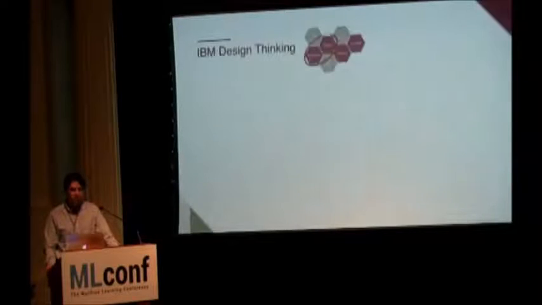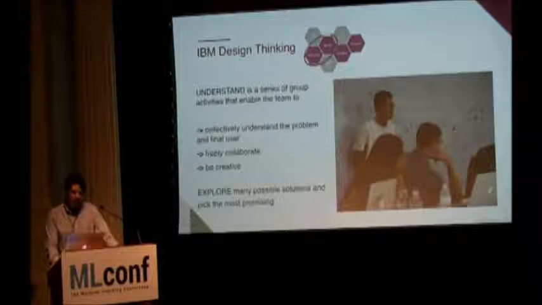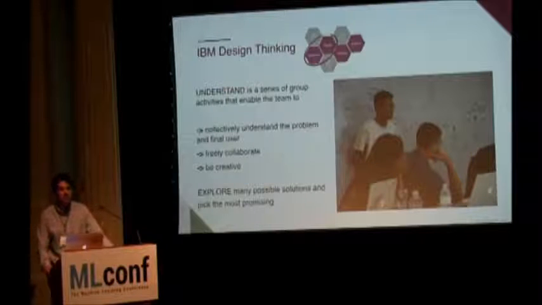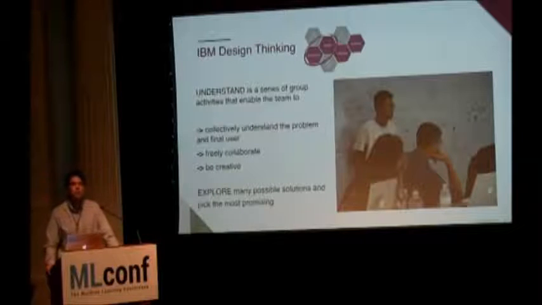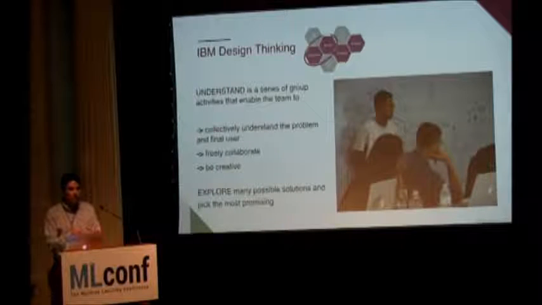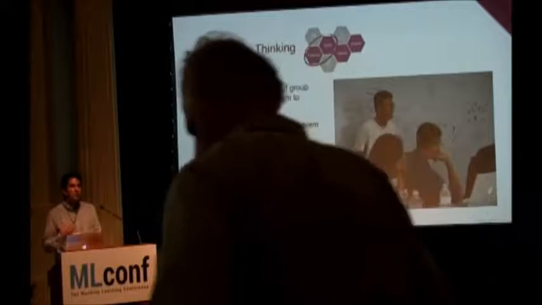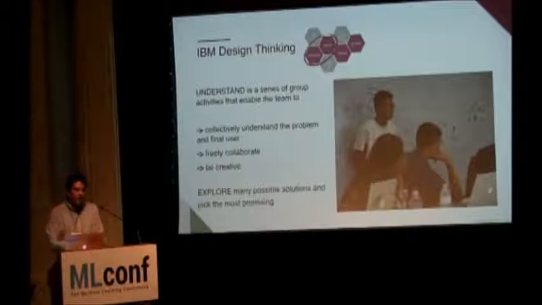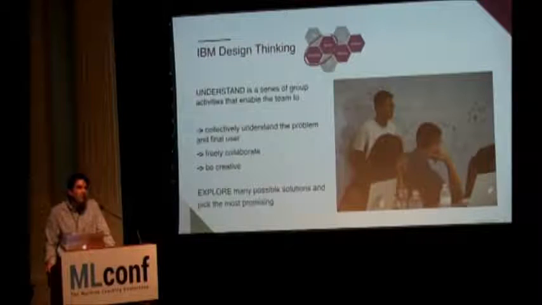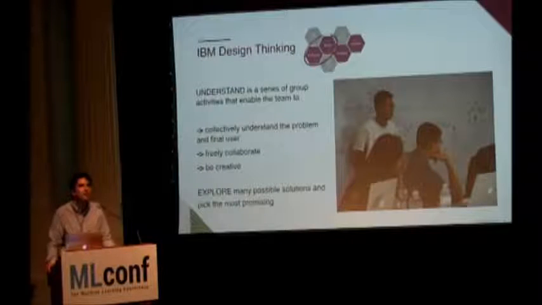In the first 2 steps, understanding and exploring, understanding is a series of group activities. We come up together as a team, we sketch who's the final user, what the final user is thinking, what is the problem.